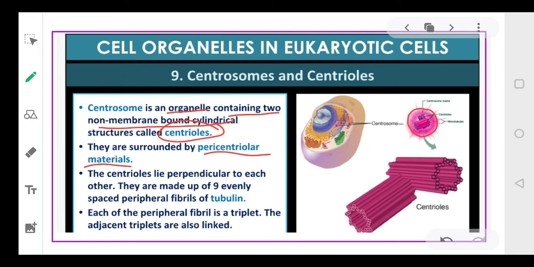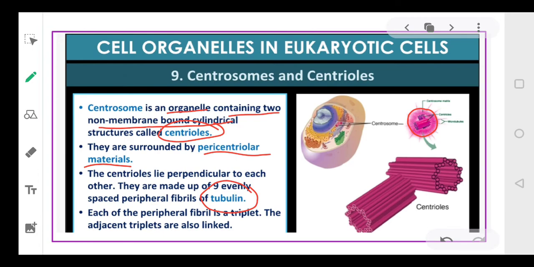Now these centrioles, they are made up of tubulin protein. जो आपके centrioles हैं ये आपके tubulin protein से बने होते हैं. And how many fibrils will be there? What is the total number of fibrils that will make up a centriole? 9.